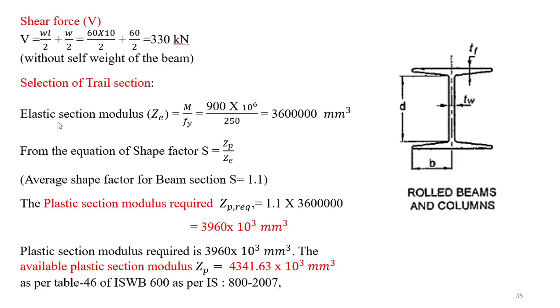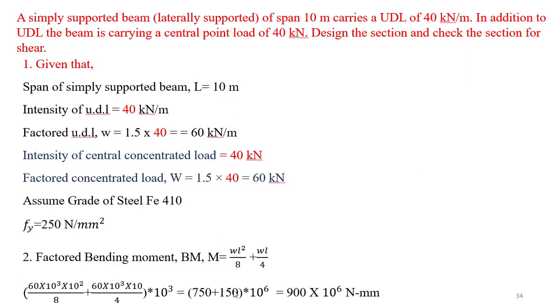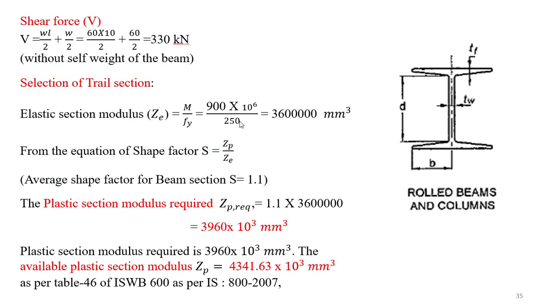Elastic section modulus ZE is equal to M by Fy, from the flexural bending equation, where M is the ultimate moment Mu, 900 into 10 to the power of 6, by Fy, which is 250. From here I get the elastic section modulus as 3600 into 10 to the power of 3 mm cube.